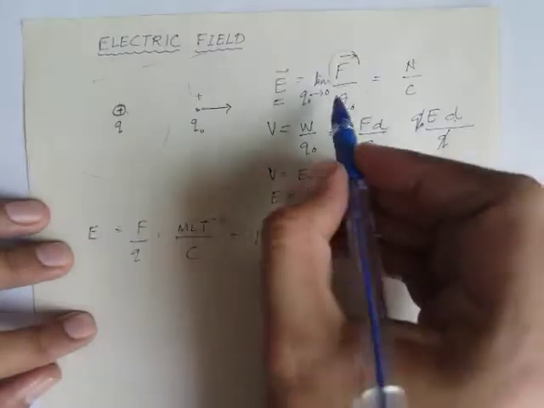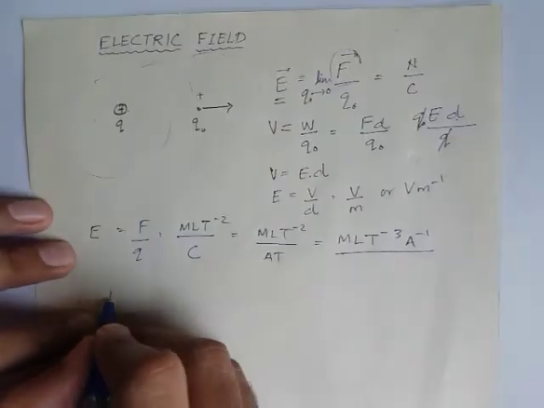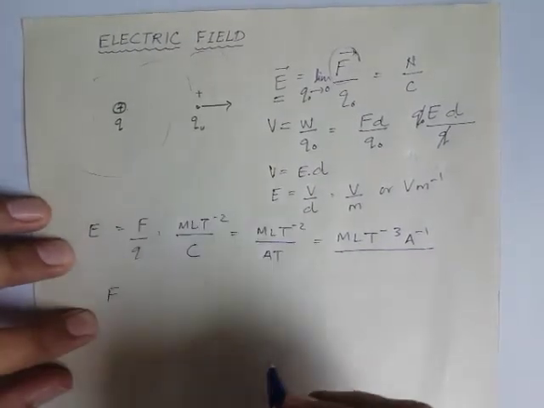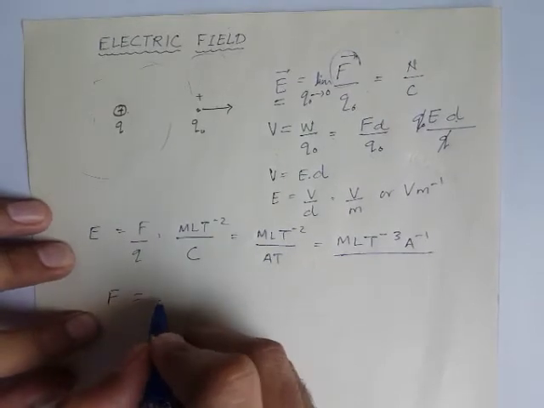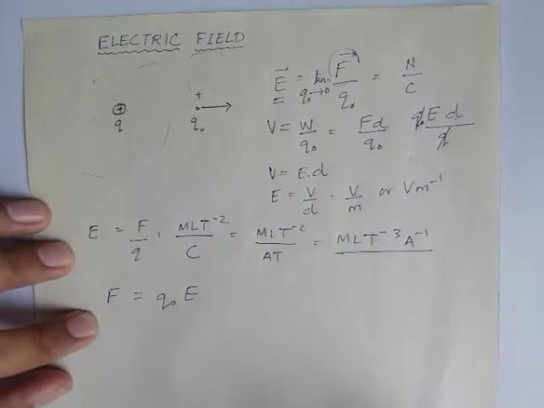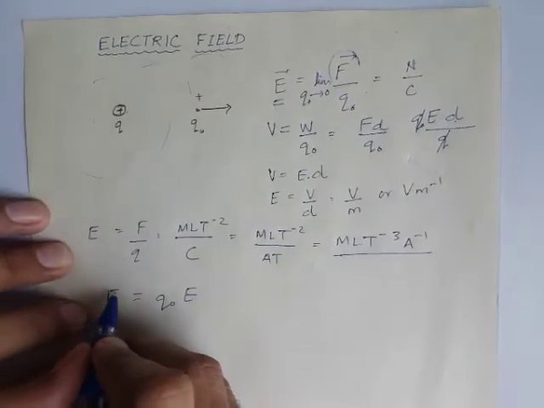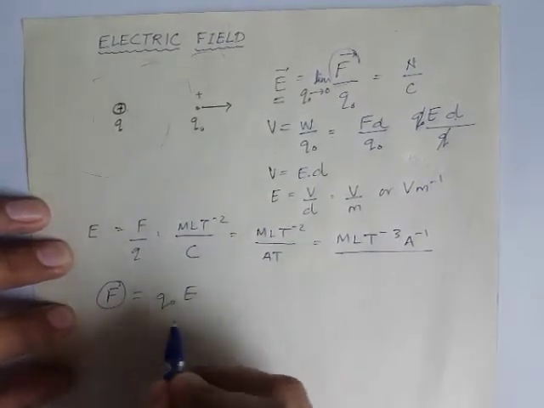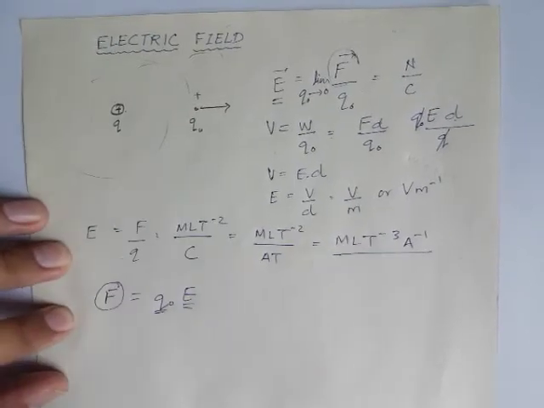So from the above we can also see that force equals charge into electric field. Wherever the force is acting, two things need to be present, that is charge and electric field.